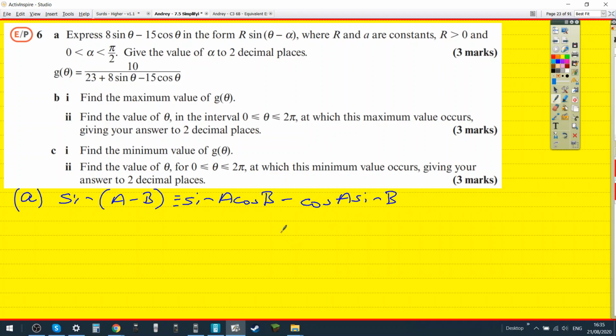And so if we replace the thetas and the alphas there, that would be sine theta cos alpha minus cos theta sine alpha.